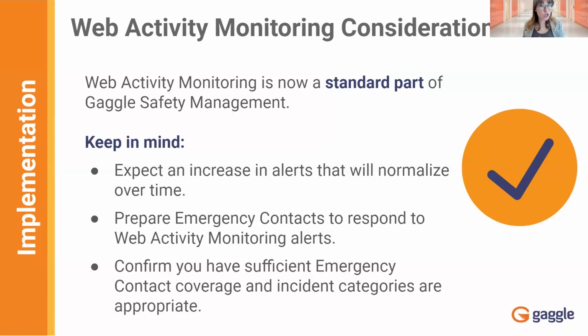And since this is a new form of alert, you're going to want to consider how you can prepare your emergency contacts to respond to some of these web activity monitoring alerts. And since you're already looking at your emergency contacts, you might as well confirm that you have sufficient coverage and that all of your incident categories are set in the way that is appropriate for your district.